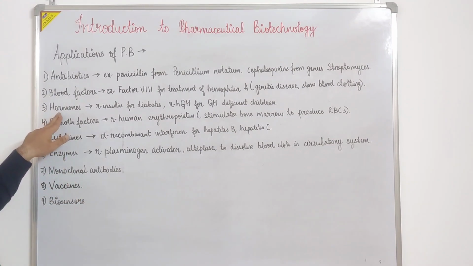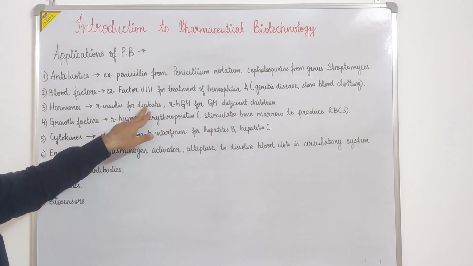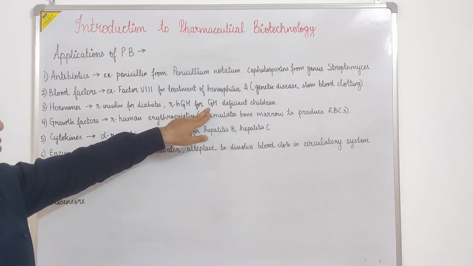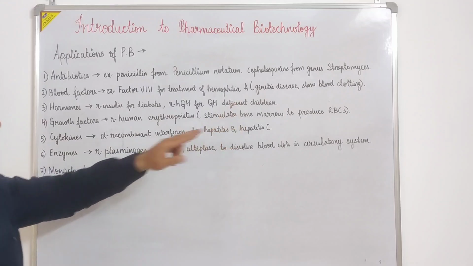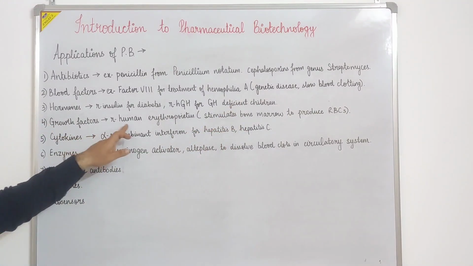Then we have produced hormones like insulin and human growth hormone: recombinant insulin for diabetes, and recombinant human growth hormone for growth hormone deficient children. Then we have also produced growth factors like recombinant human erythropoietin.